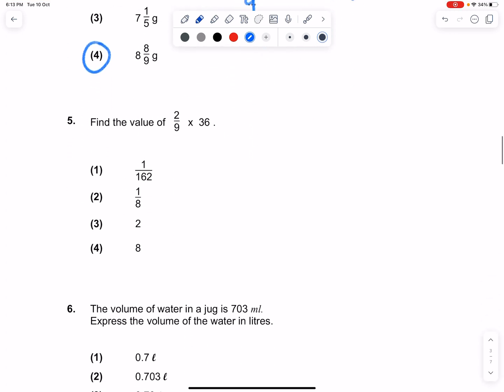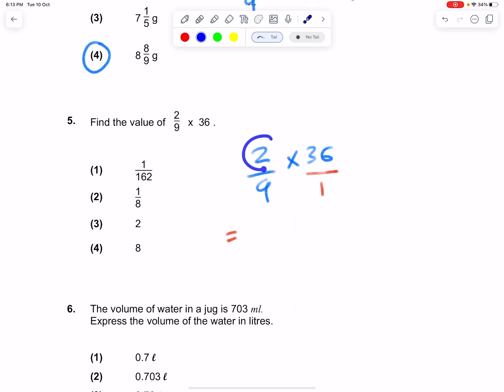Next, find the value of 2 over 9 times 36. When it's just a whole number, we need to realize that it's actually over 1. Just some quick revision. We want to simplify the numbers by dividing them with a common factor, the highest common factor. Please make sure your division can only be done with your numerator and your denominator, or diagonally across.